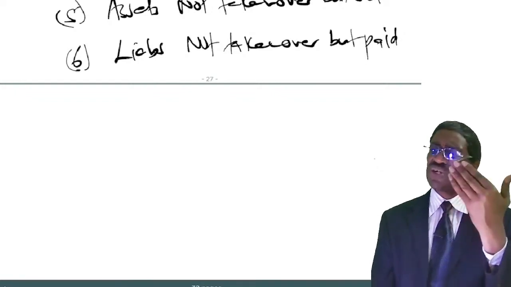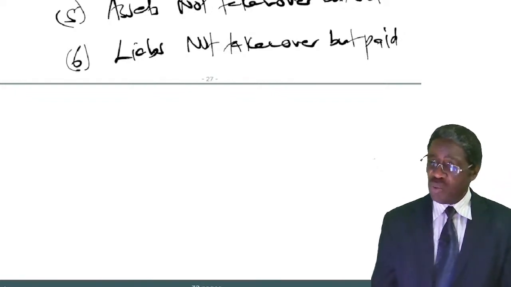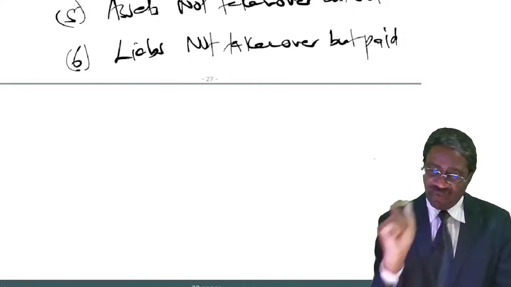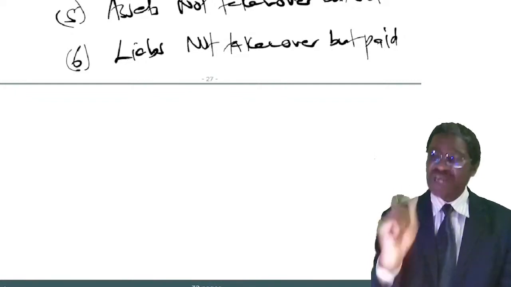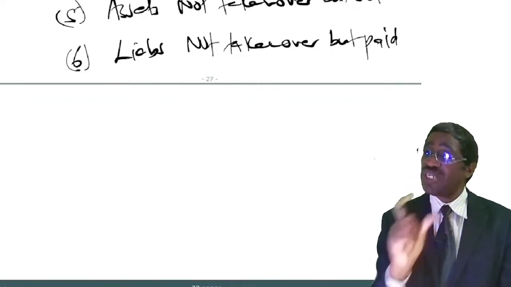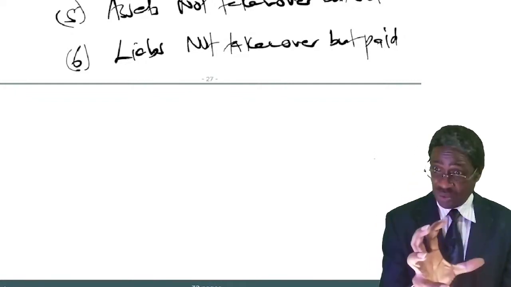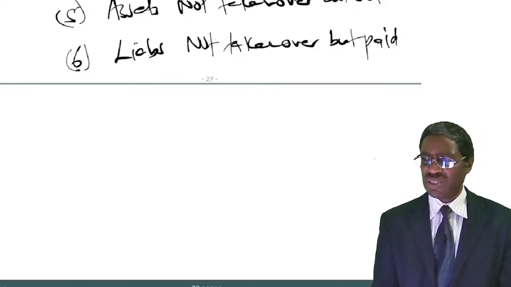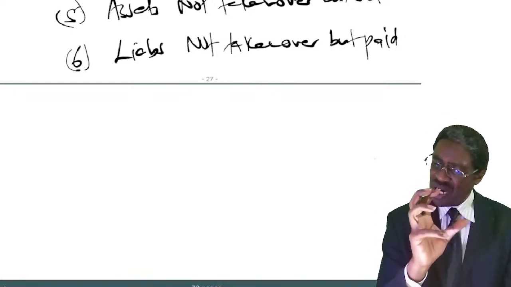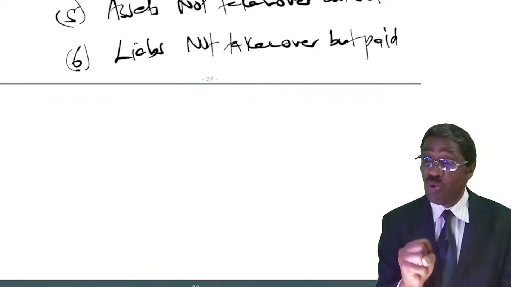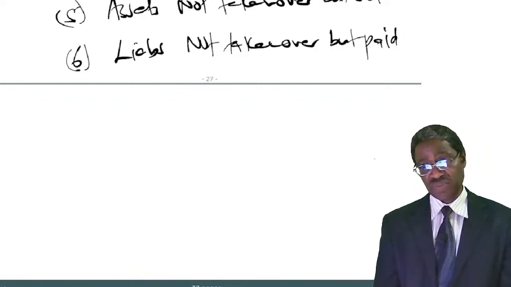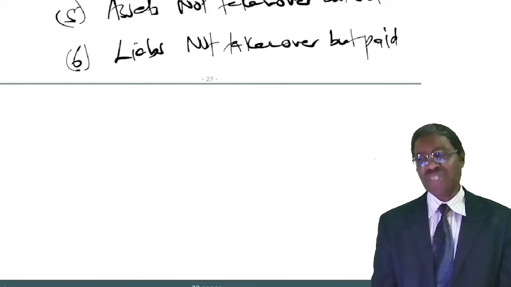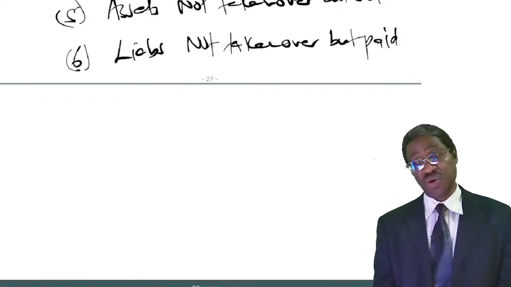Take, for example, the ordinary shareholders. As a company, there are so many things that you could be owing to them. When it comes to reconstruction, we don't pay them through those various accounts. For example, we owe the ordinary shareholders their capital, so whatever balance is in the ordinary share capital account is an amount that you owe them. The amount in the share premium also belongs to the shareholders.